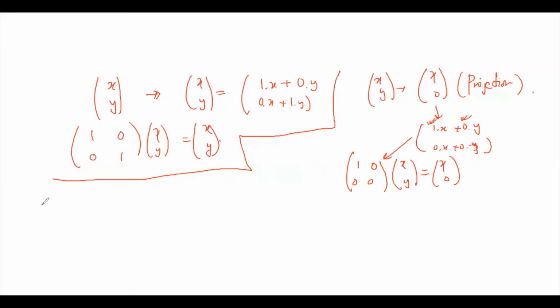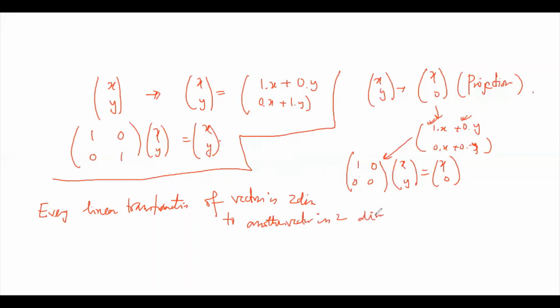All right, so now one more thing I want to talk about is that every linear transformation of vectors in 2 dimensions to another vector in 2 dimensions is equivalent to a matrix transformation.